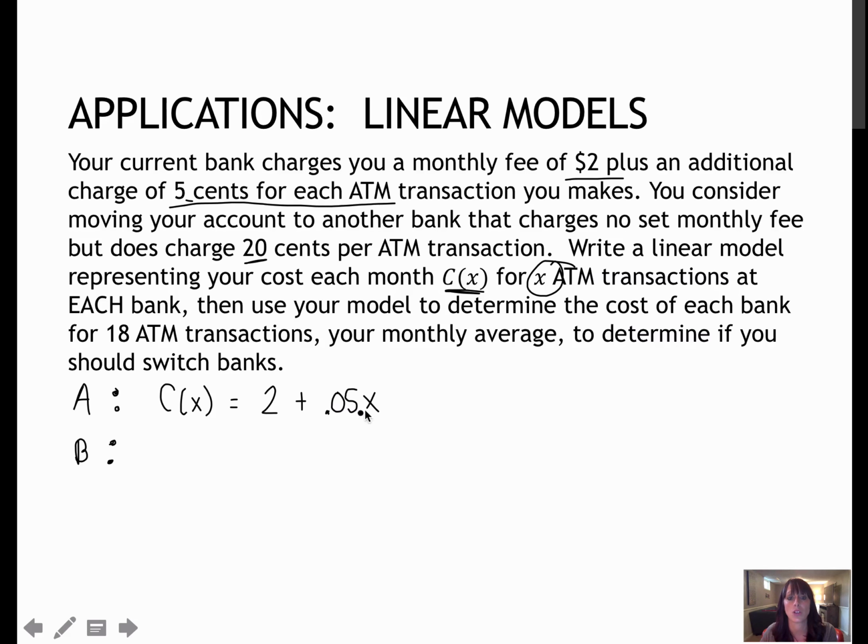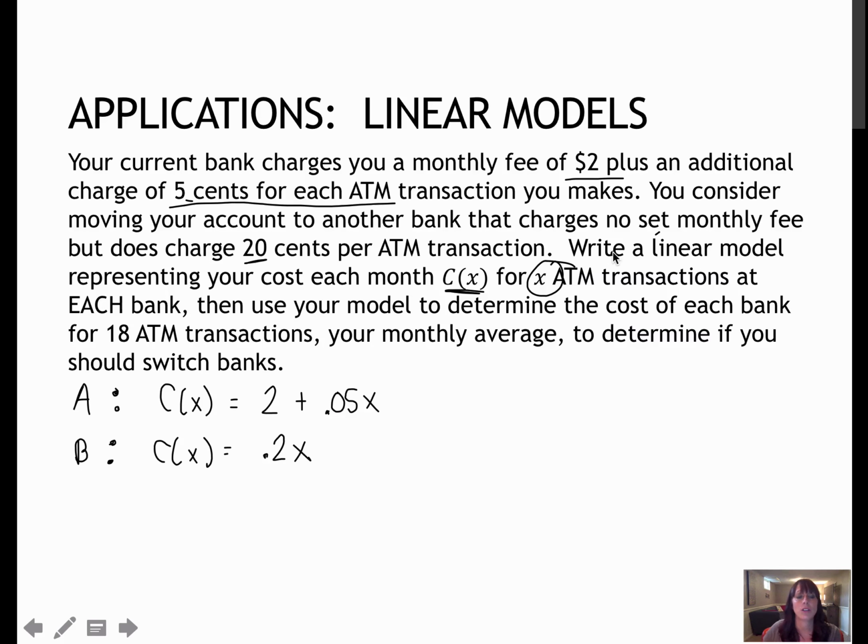Of course, I'm going to turn that into 0.05 and not 5 because that would mean $5. For Bank B, my cost is no set monthly fee, but 20 cents per ATM transaction, so just 0.2X.